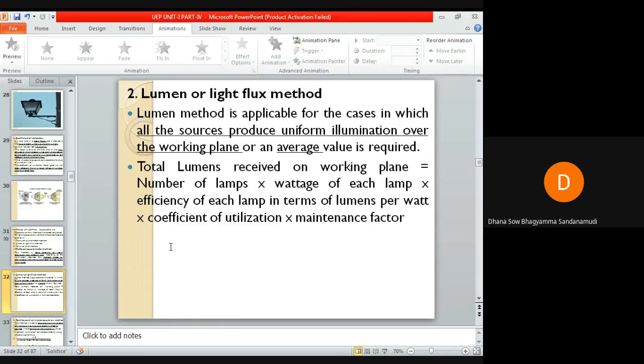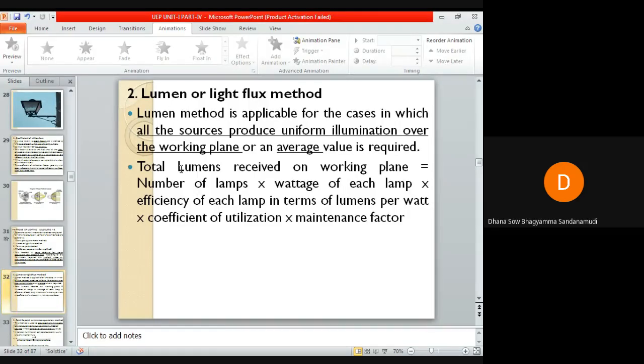So we will prefer sources which will produce uniform illumination, or average illumination if I want. Average means uniform only, nothing else. Whenever I want an average value of illumination in an area that is to be illuminated, I will prefer this method.